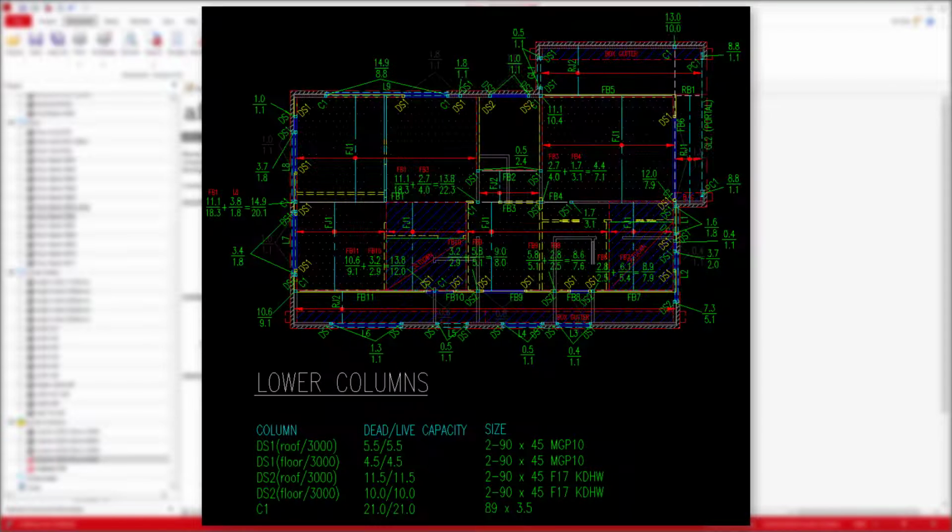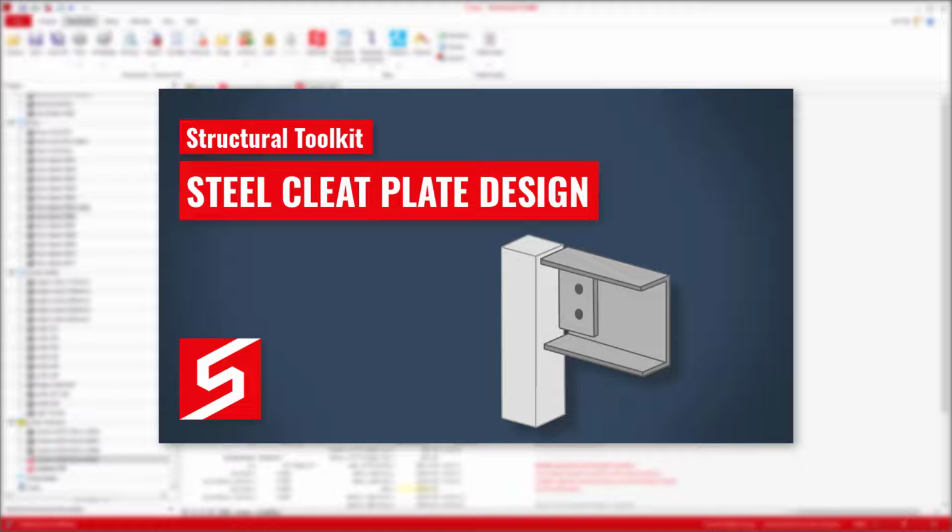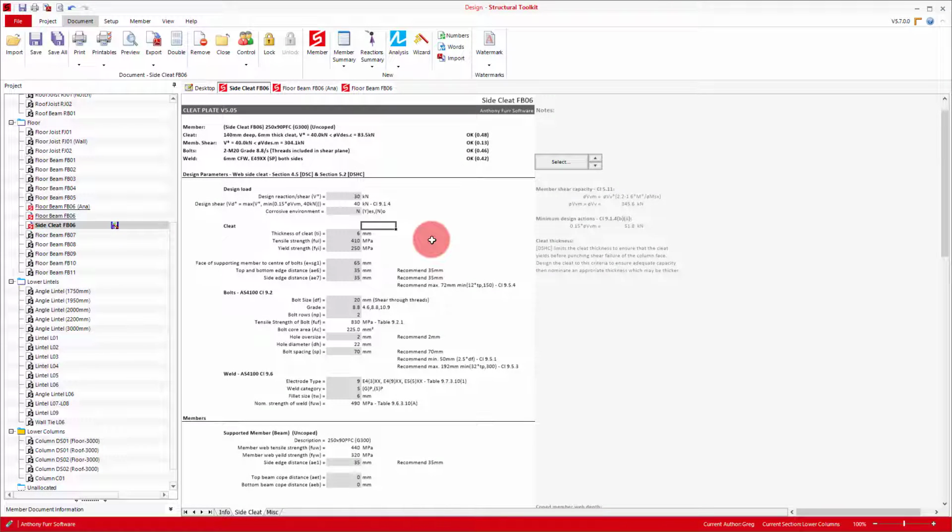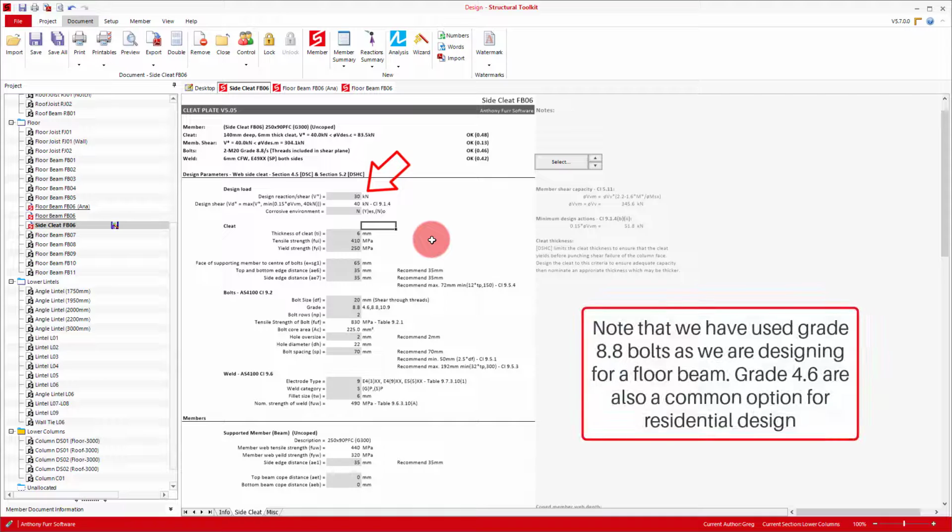One of the biggest beam reactions in our project is Ep.4, which to demonstrate will design its end connection using the cleat module. We'll skip to the end of the design, and so if you want to know more about the module, have a look at our steel cleat design video. Here we have our cleat design with the 30 kN reaction and 2 M20 bolts.